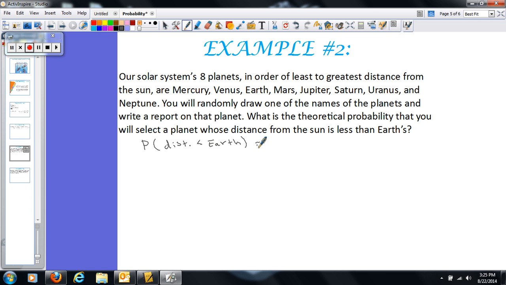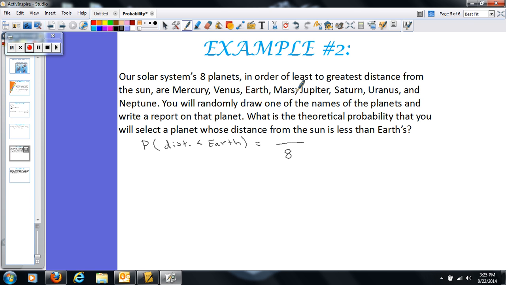Okay, so again, you can start with finding favorable outcomes, or you can start with finding out how many possible outcomes. So I'm going to start by finding out how many possible outcomes I have. Well, we are talking about the 8 different planets, which means my total possible outcomes is going to be 8. Well, how many of them have less distance or shorter distance from the sun? Well, you have Earth right here.